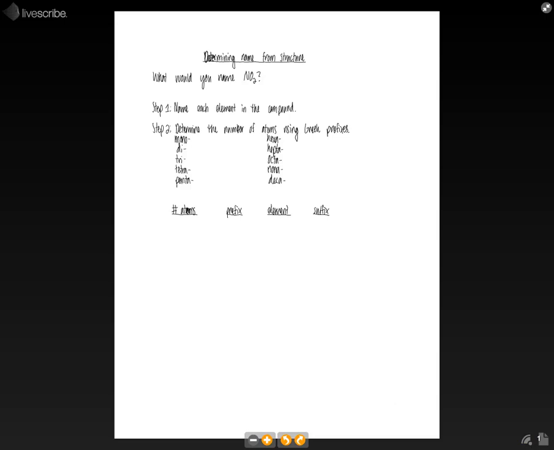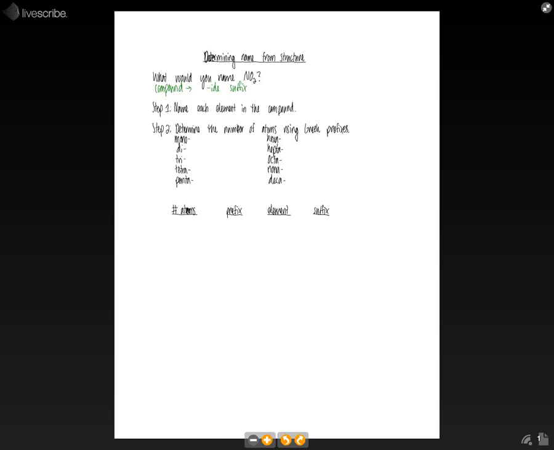This lesson is going to be about determining name from structure. So the example that we're going to work on is, what would you name NO2? And so the first thing that we need to recognize is that NO2 is a compound because we have more than one element. And so compounds always get an IDE suffix.